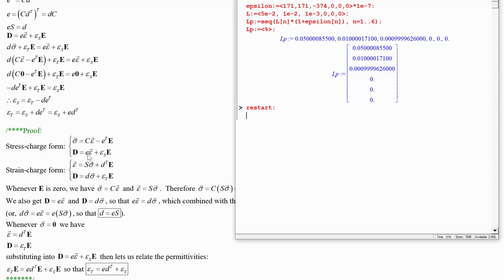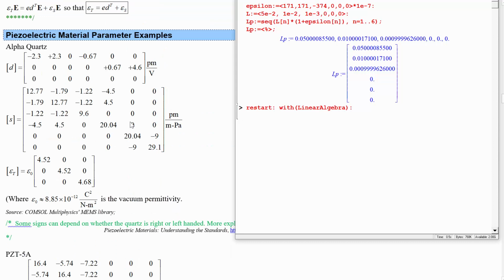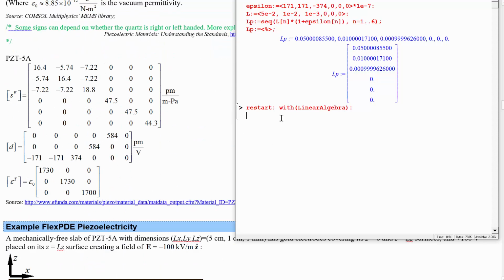And before we do that, we're going to need to get the compliance matrix and the stiffness matrix into these equations. So let's include linear algebra just so we can take matrix inverses, and then we'll type in the components that we've got for PZT.